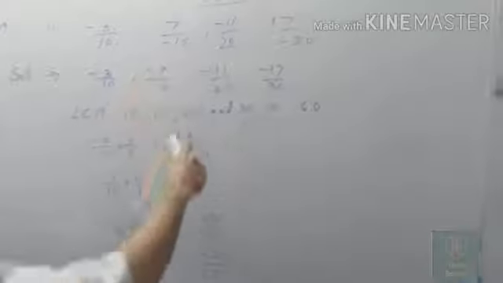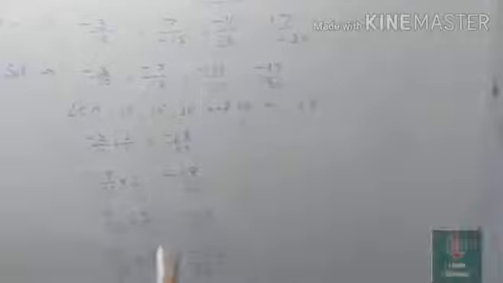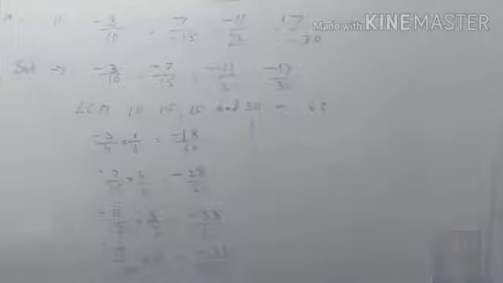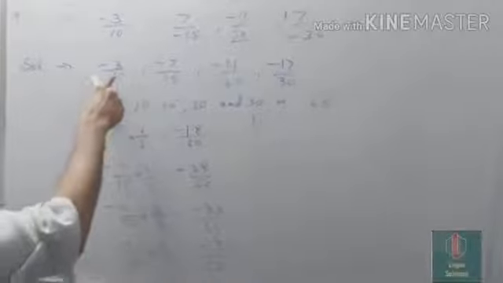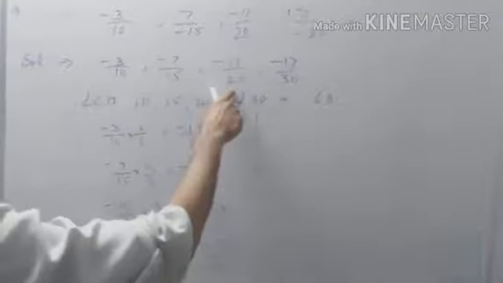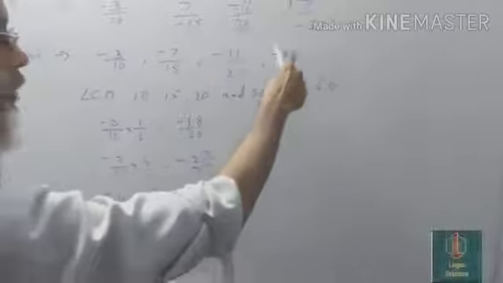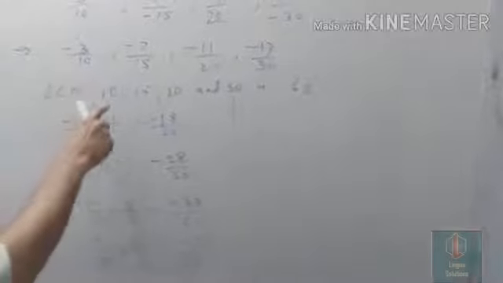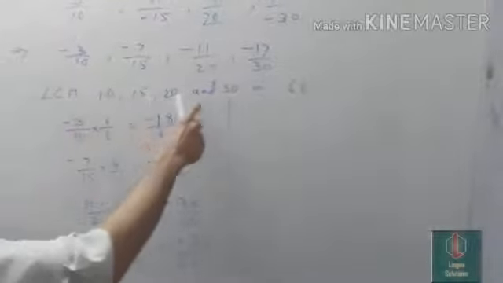7 by minus 15, minus 11 by 20 and 17 by minus 30. Here we see that these terms have a negative sign in the denominator. So we will write it as minus 3 by 10, minus 7 by 15, minus 11 by 20 and minus 17 by 30. Now take the LCM of 10, 15, 20 and 30, which is 60.